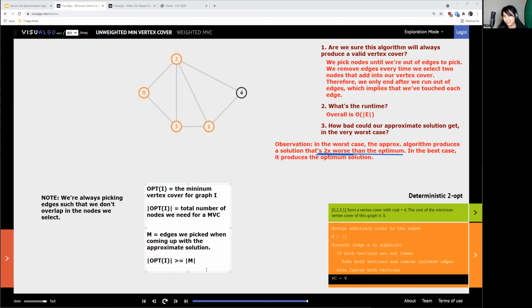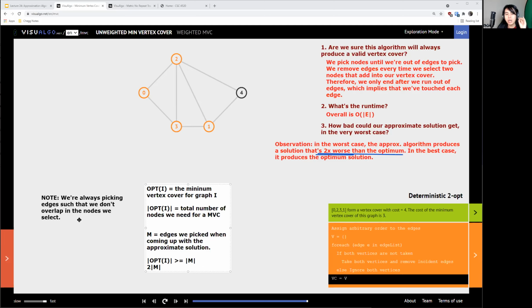People are saying M plus 1. Remember, M is the number of edges we picked. Every time we pick an edge, how many nodes do we touch? Go ahead. What do you think, chat? 2, right? So if we pick M edges, then we actually picked 2 times M nodes. The number of nodes we picked is twice the number of edges because every edge touches exactly 2 nodes and none of the nodes overlap with each other.